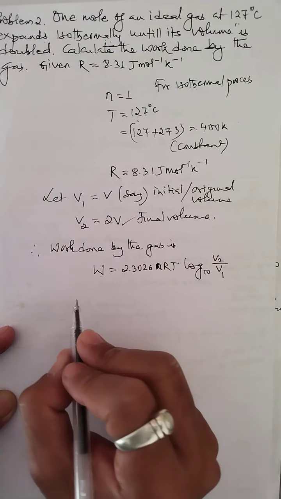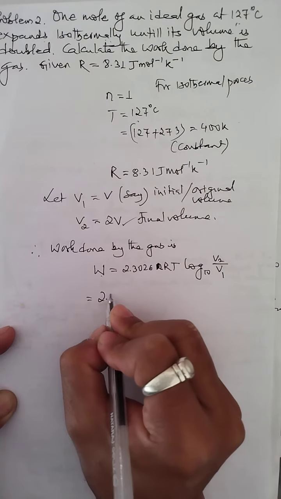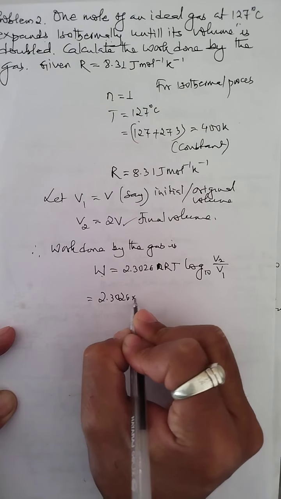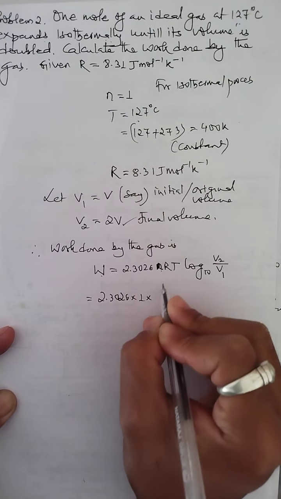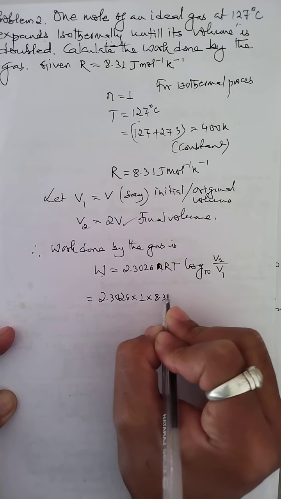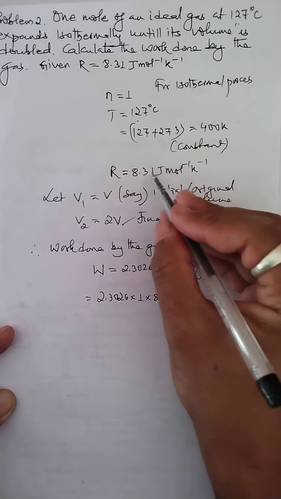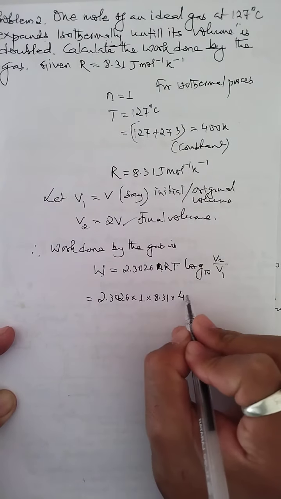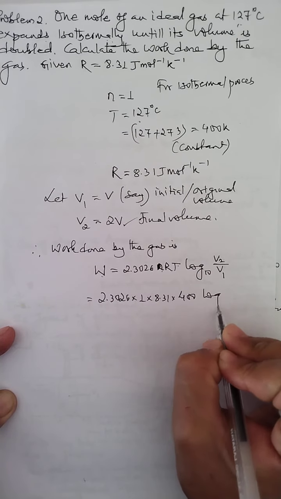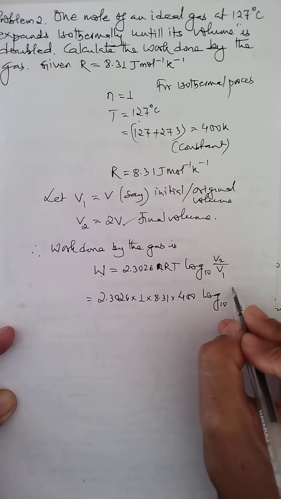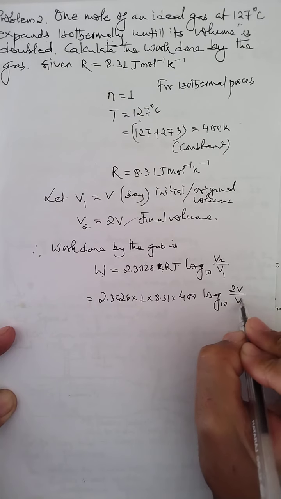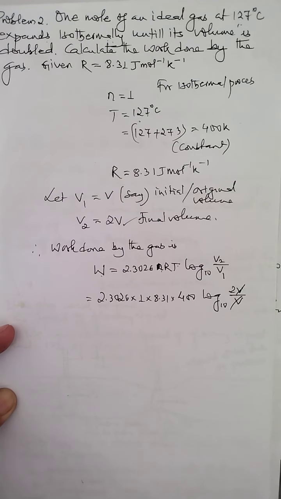Okay, so let's substitute the values. 2.3026, n is 1, R is 8.31, the temperature we have calculated is 400, log of base 10, and V2 means 2V. V1 is V, so V cancels out.